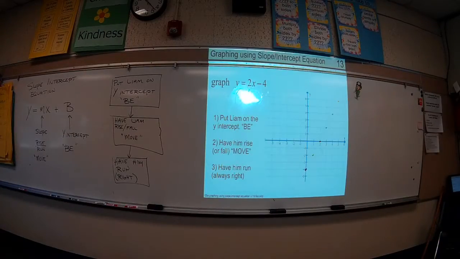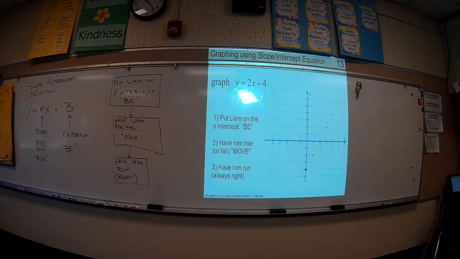You gotta drop lots of points. Up 2 over 1, up 2 over 1, up 2 over 1. Not with the ruler yet. So you see all these points, as you drop, drop, drop, and then the rulers are very last.